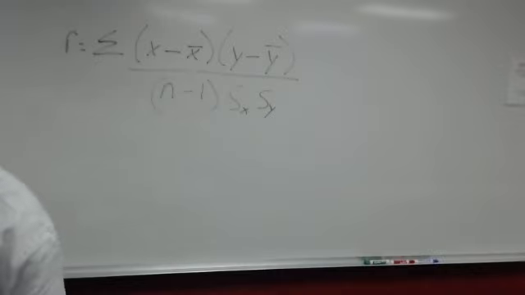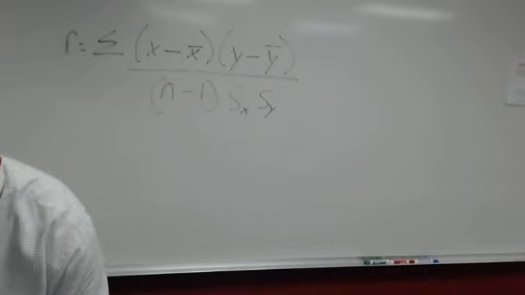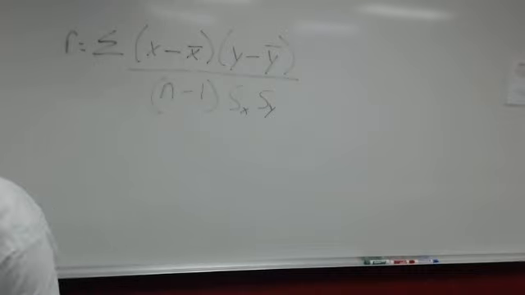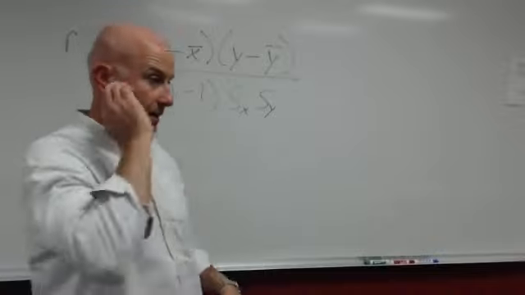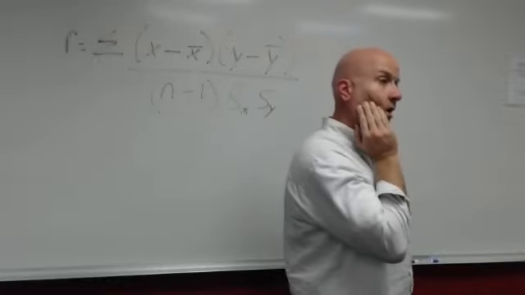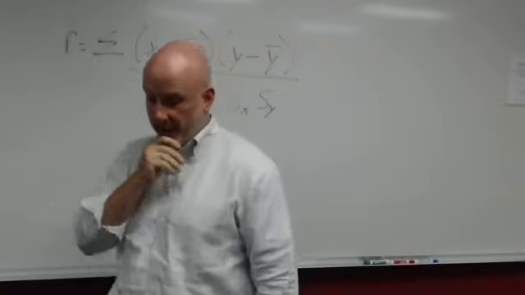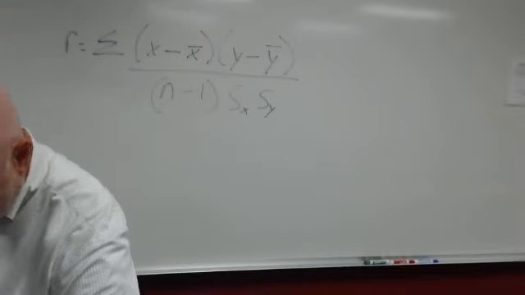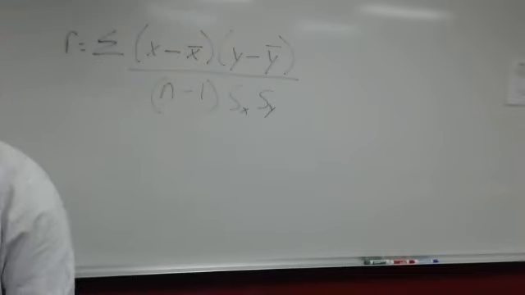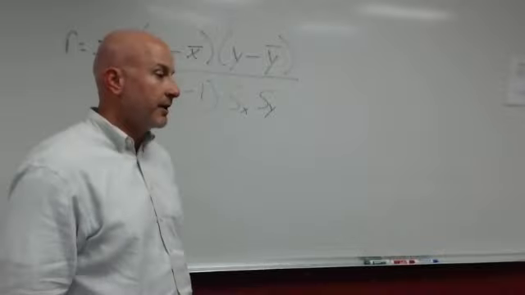Okay, let's go through an example. I want you to bookmark page 433, table 13.3. On page 433, table 13.3, where you see deviations from the mean and their products, we're going to rely on this data to go through this problem.